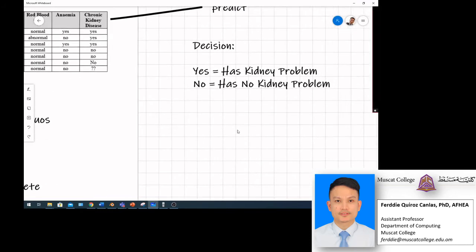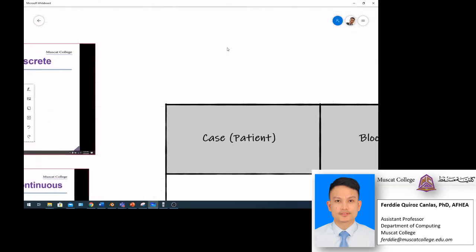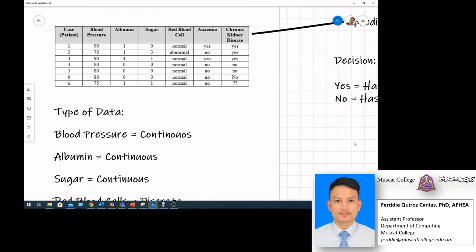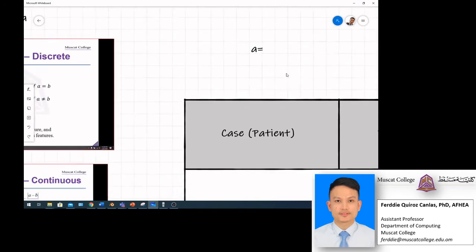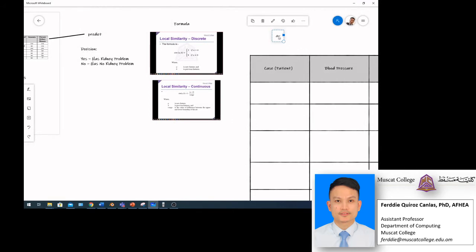So for us to be able to know it, let us summarize here the values. So A equals, how much is A? It is 75. Okay, so let me go first with the patients here before I proceed. Patient 1, Control C. Patient 1 here. Patient 2.